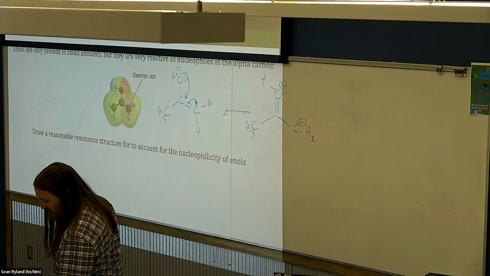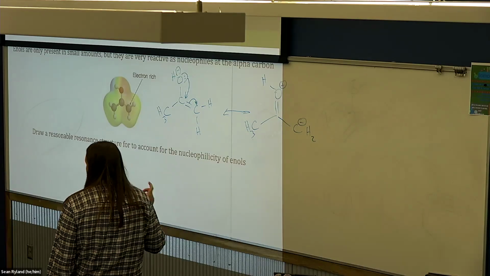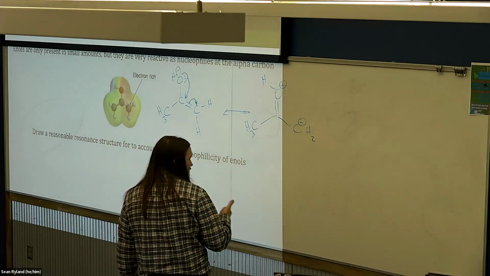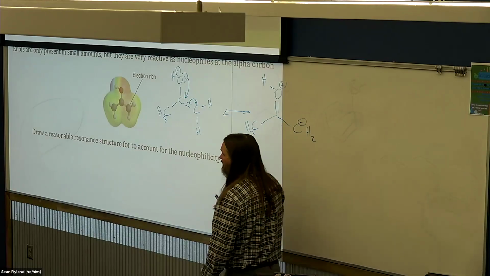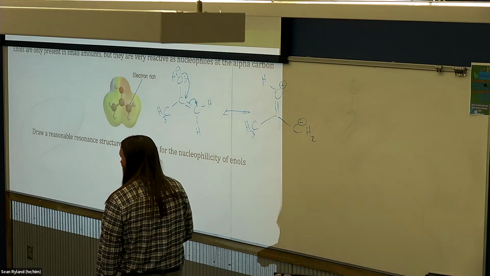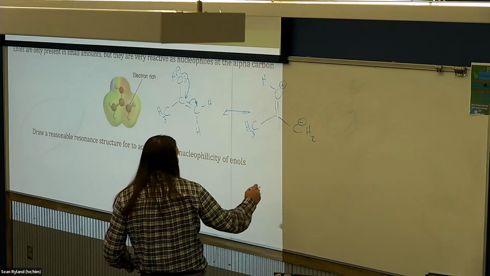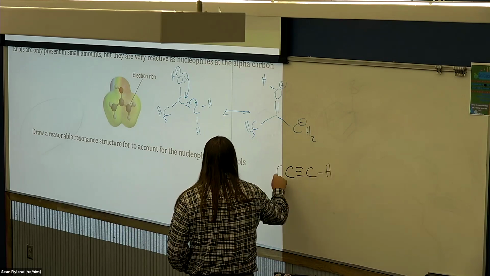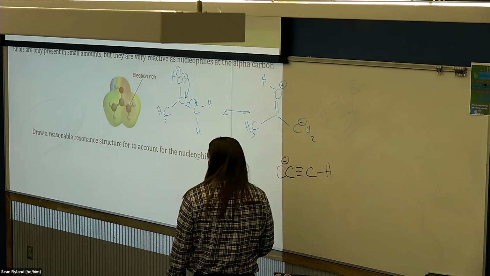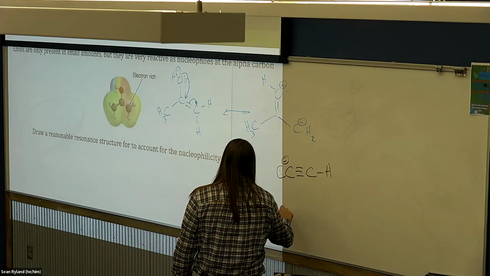So it's a little bit different. The only other time we've seen carbon act as a nucleophile has been Grignard reagents and deprotonated alkynes, right? Because we saw that as a nucleophile.